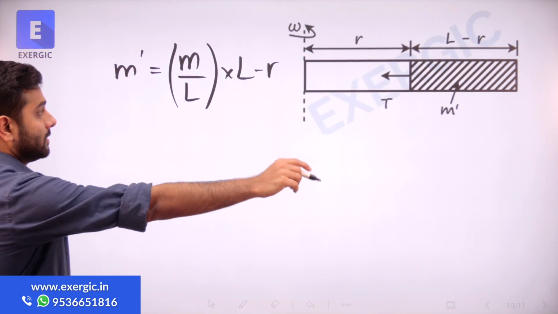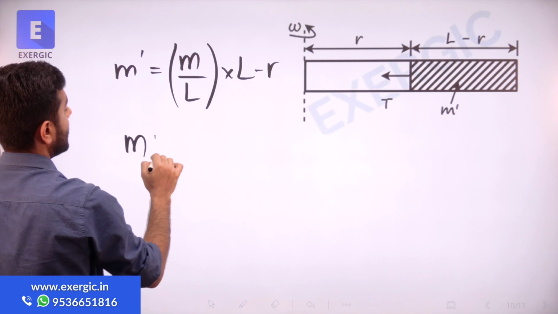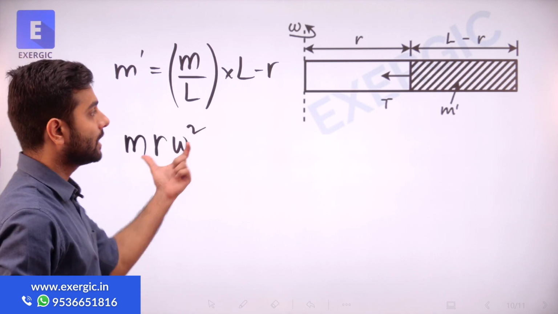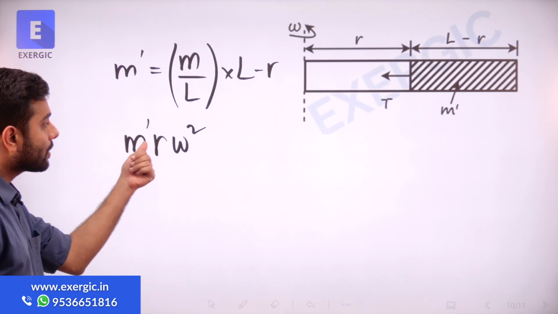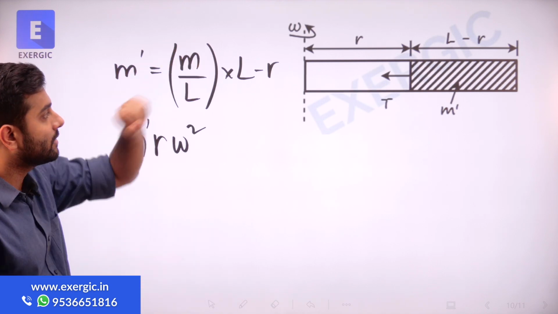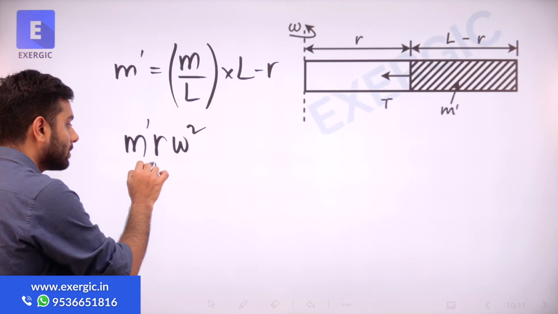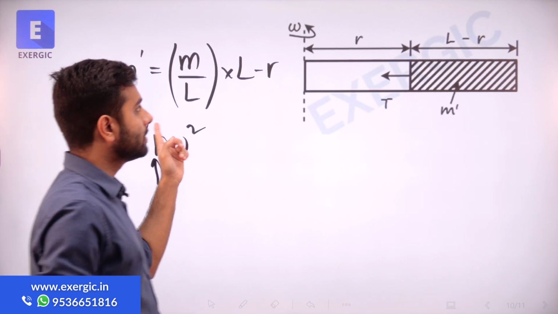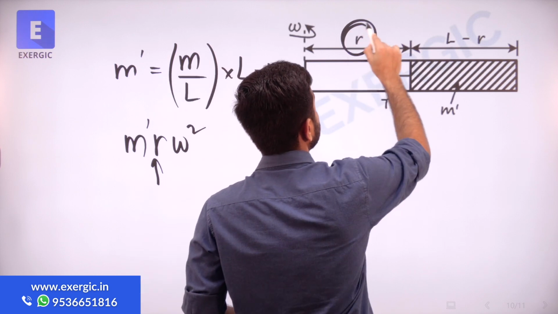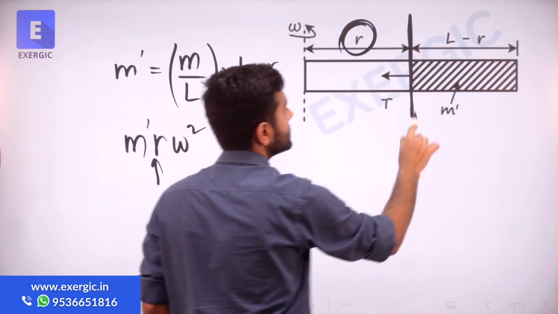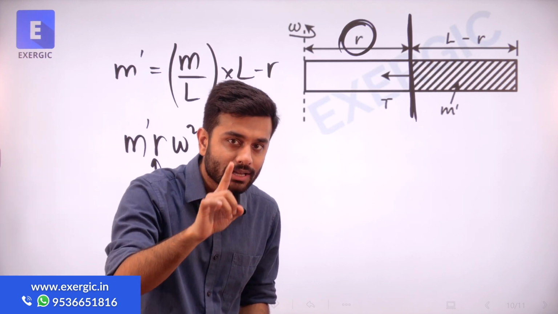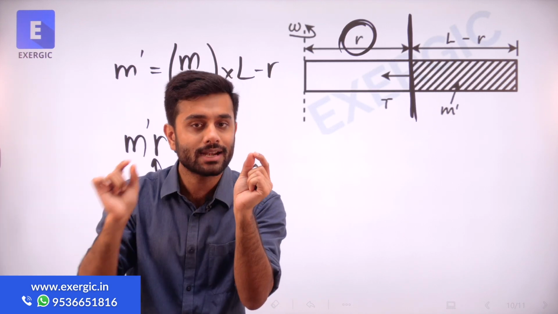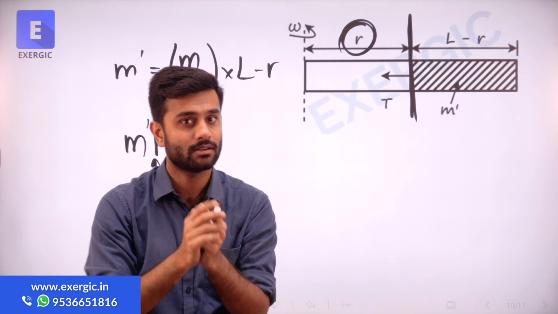Now, the centrifugal force, as we know, is m r omega square, and this centrifugal force is due to mass M dash. So M dash r omega square. The M dash expression we have found out, but what about r? Should we keep it r only? What is r representing? R is representing the distance between the mass and the center.